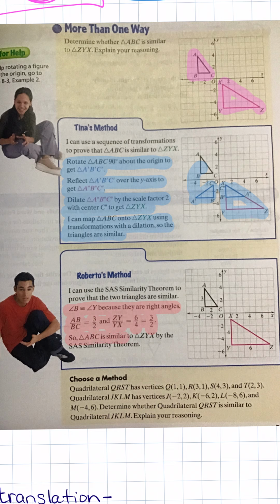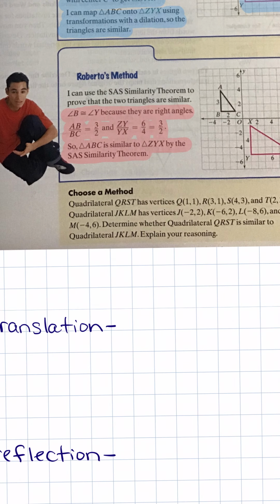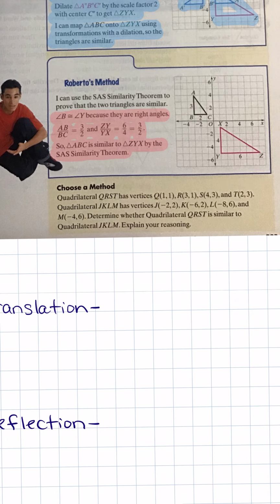Therefore, triangle ABC is similar to triangle ZYX by the SAS similarity theorem. Remember, that was side, angle, side. So really, either one is correct. We do have a challenge here. I don't know if I left quite enough room on our page.